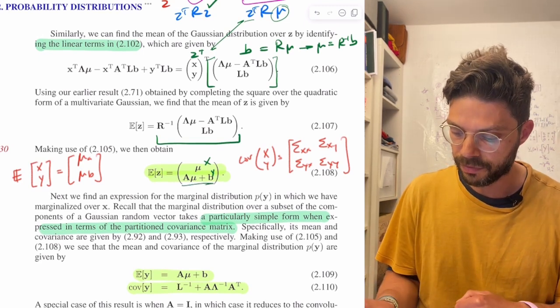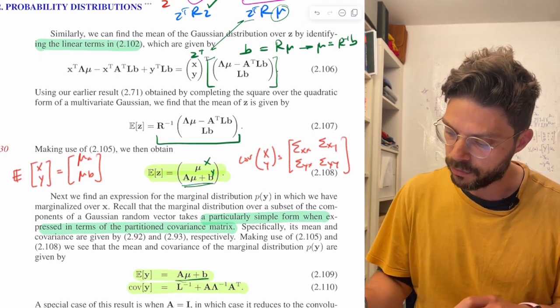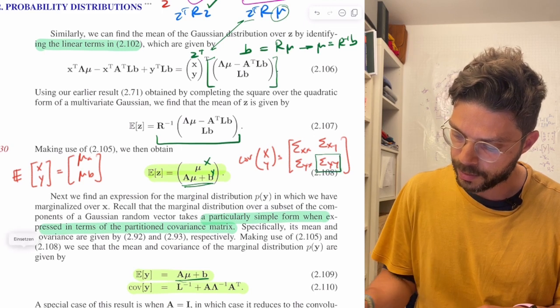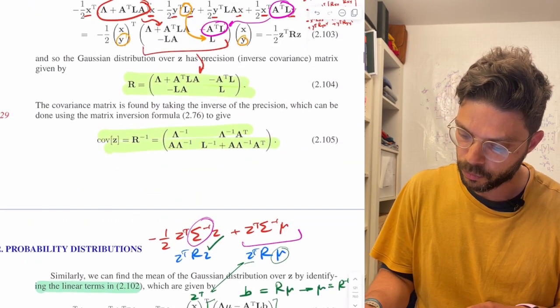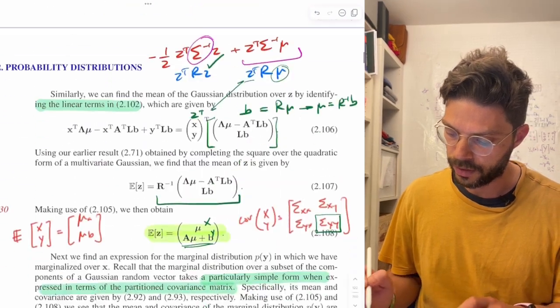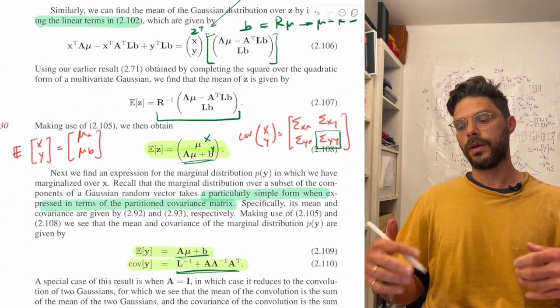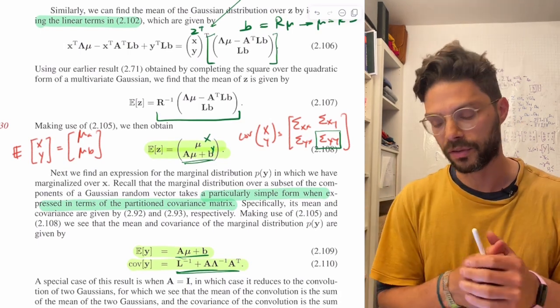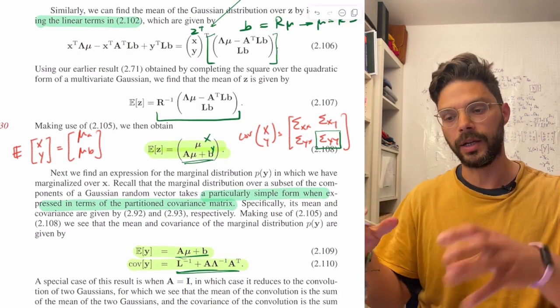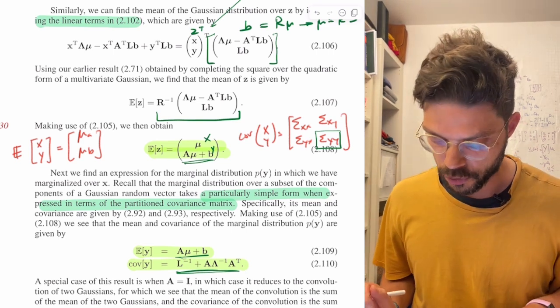We just read off the mean there, and the covariance is just this bottom component of the covariance, which we found out is equal to that. So we found the joint distribution, and then we've just read off the corresponding corners to get the marginal results.